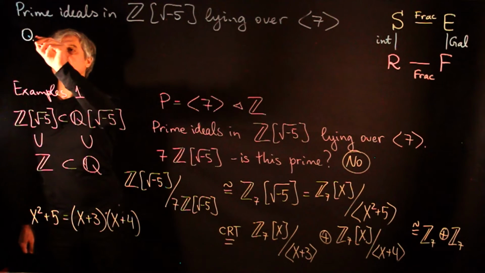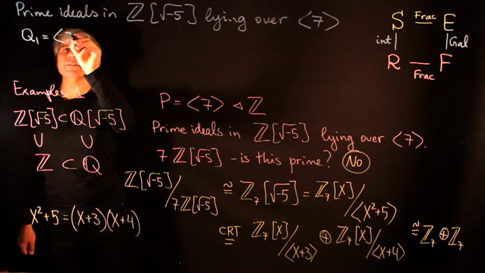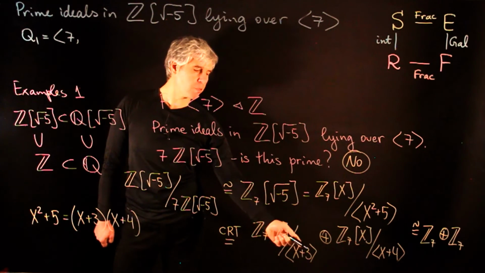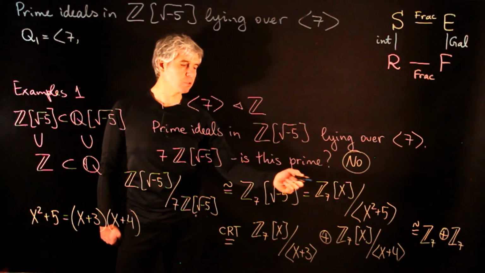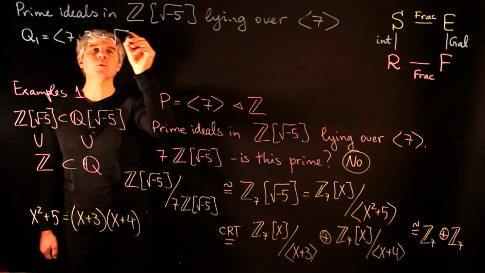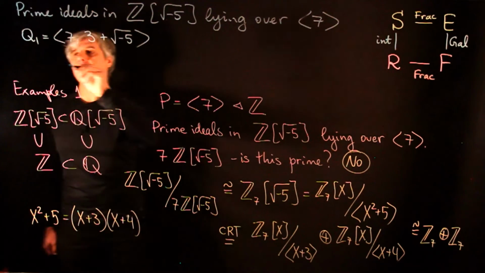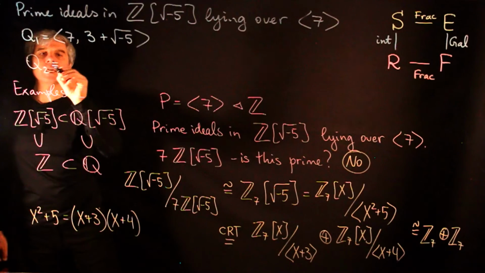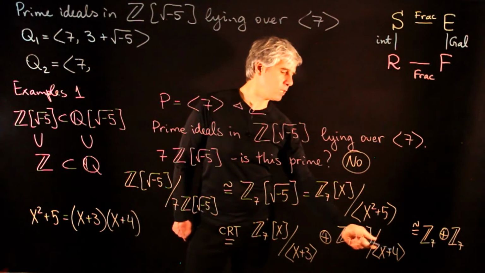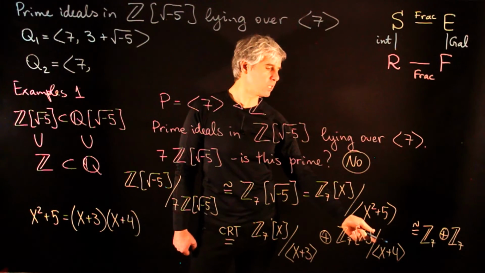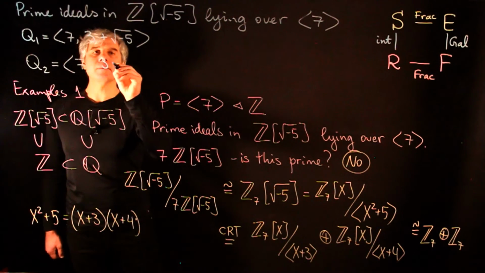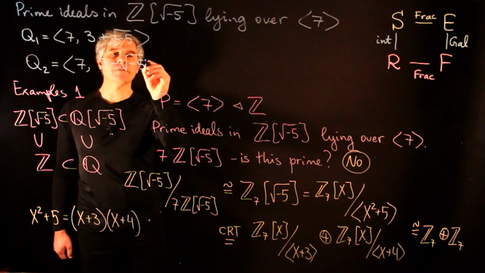The first ideal will have generators 7, and as a second generator we take an element that corresponds to 3 plus x. But x in this interpretation is a square root of -5. So this will be 3 plus square root of -5. And for the second ideal, we take generators 7 and the element that corresponds to x plus 4. Only here we will switch the sign. So this will be 3 minus x, and we get 3 minus square root of -5.